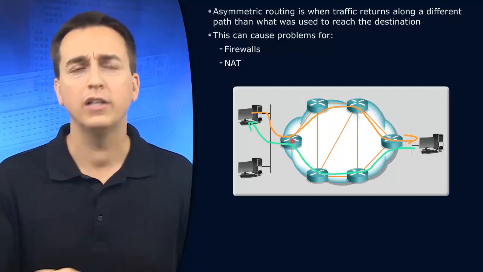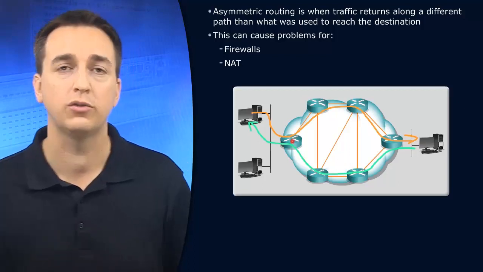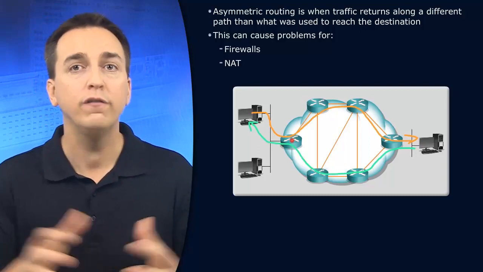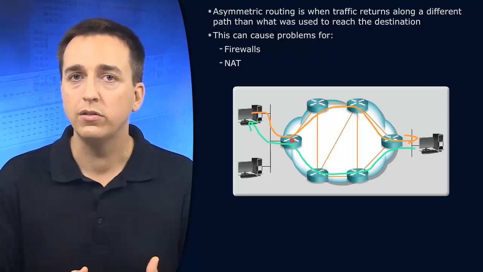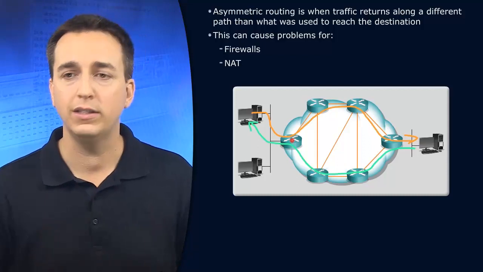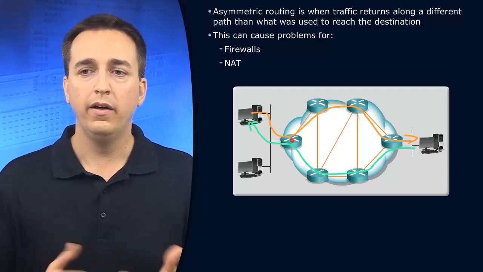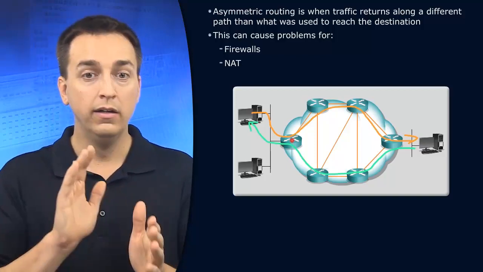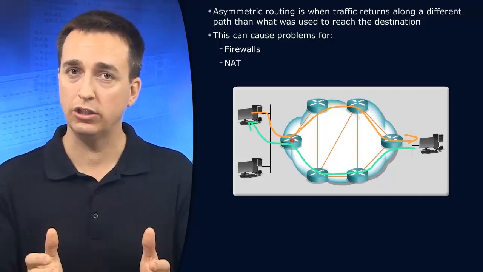Also, it could cause a problem for network address translation. Why? Because our NAT router, let's say this router here, again, is our NAT router, is keeping track of translations. Well, if you are doing your translations, and you have certain interfaces set up as the outbound interface and the inbound interface, that traffic's going to be sent out a certain interface, and there's going to be a table maintaining that state of the address translations.